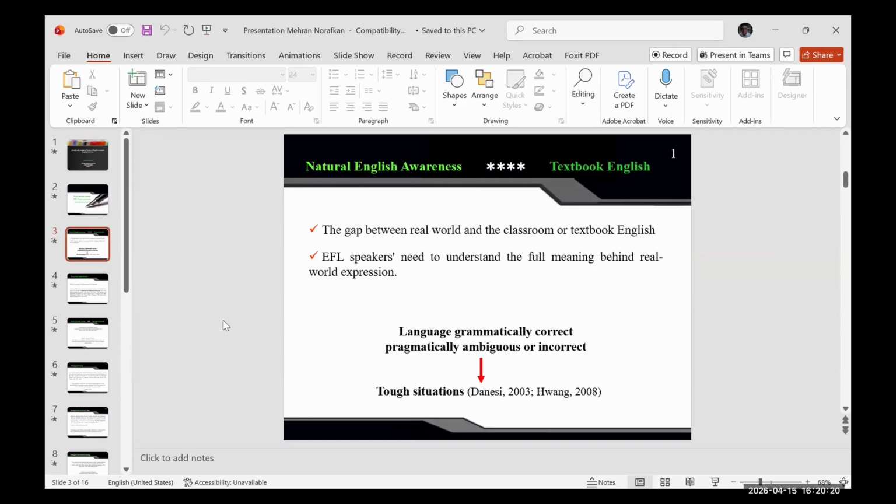So the gap between real world English and classroom or textbook English, and what EFL speakers need to understand for the full meaning behind real world expressions, is that these students normally have a language which is grammatically correct, but pragmatically ambiguous or incorrect. And this puts them sometimes in a tough situation.